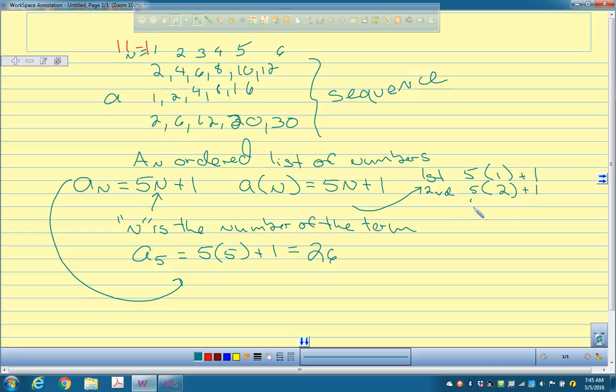The third term would be 5 times 3 plus 1, then 5 times 4 plus 1, and the fifth term would be 5 times 5 plus 1. So this sequence, if I were going to write it out, is going to look like 6, 11, 16, 21, and 26. Questions about that?